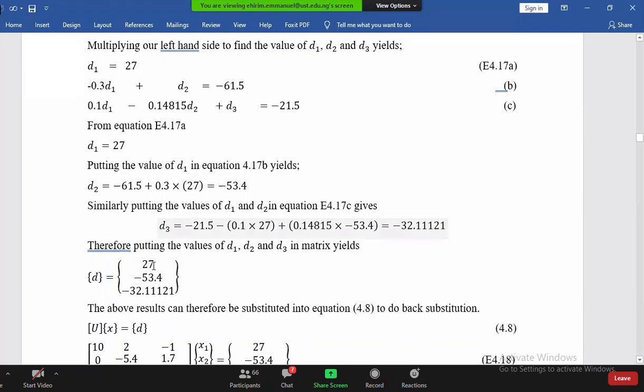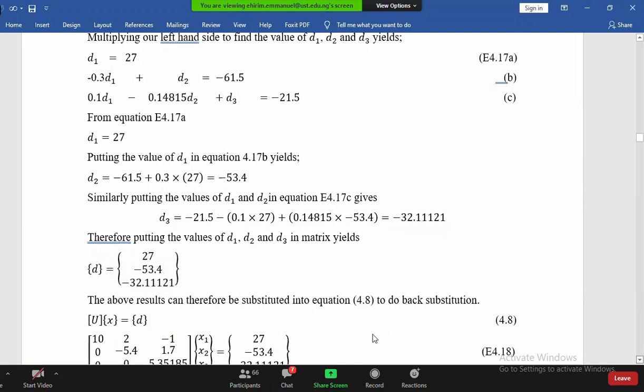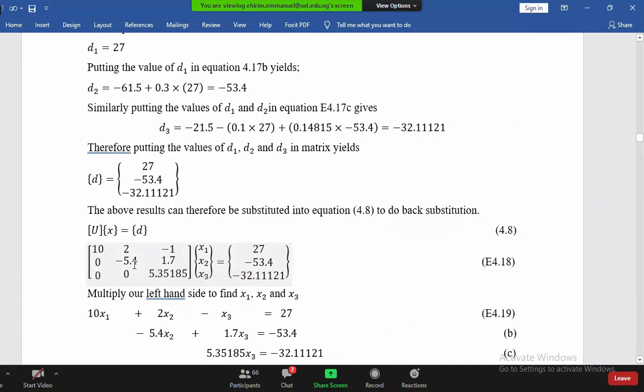So D is 27, 53.4, minus 32.1. This is the value of the D modified when we applied naive Gauss. All right, then what we do now with this value of D, we will use the upper triangular matrix to calculate x1, x2, x3.